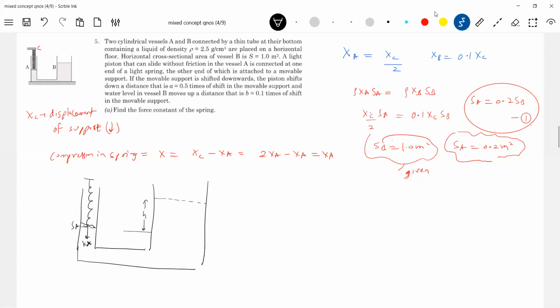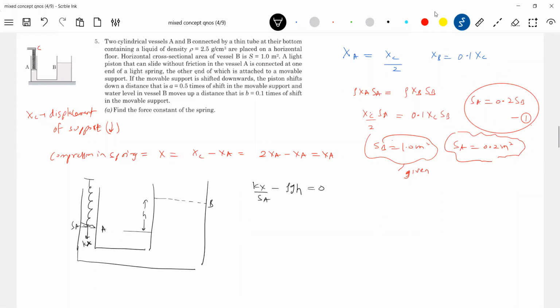So if you write the manometric equation from point A to point B, there's no piston here. So writing the manometric equation from A to B: Kx by SA minus rho g H equal to 0. What is H?